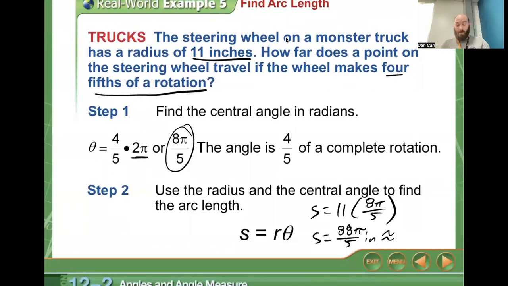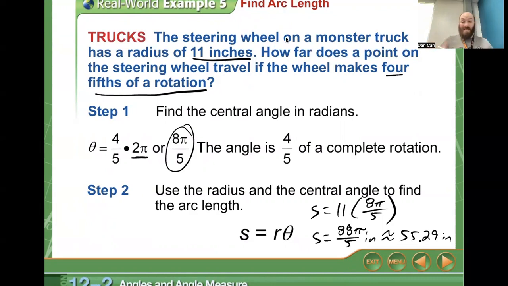Or I plug it into my calculator and get an approximate number, because I'm probably going to do that more versus having pi in the answer. So I'll come out to 55.29 inches. Again, this is how far it traveled all the way around. Like if I picked my hand here, it would have gone 55.29 inches in a circular path.